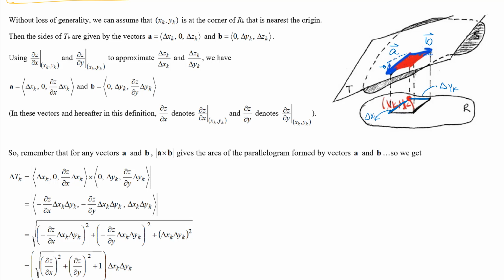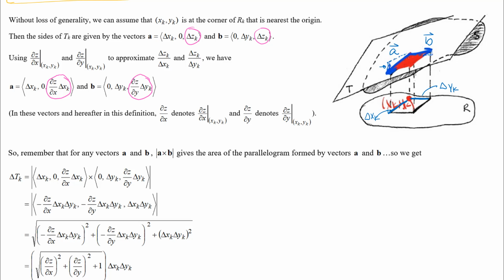Next thing that we're going to do is use some partial derivatives to approximate average rates of change. And so in this next step here, I have replaced my delta z sub k's with del z del x times delta x and del z del y times delta y.